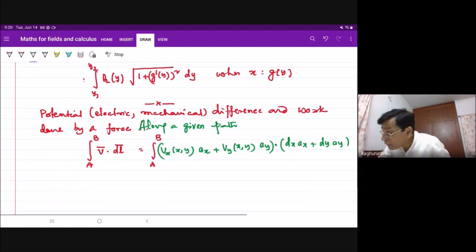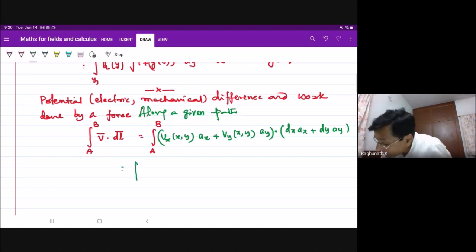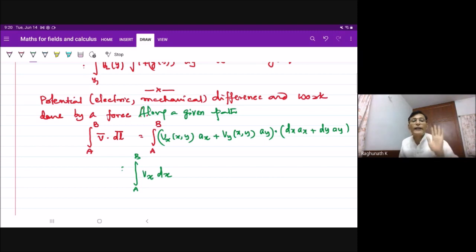This really takes the form of integral A to B Vx dx, plus Vy dy, the y component of that vector into dy. Along a given path, I have to evaluate. Very, very important integral for us. In multiple ways, it is important for me.